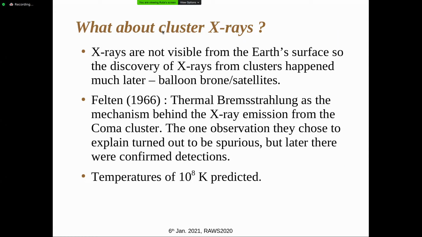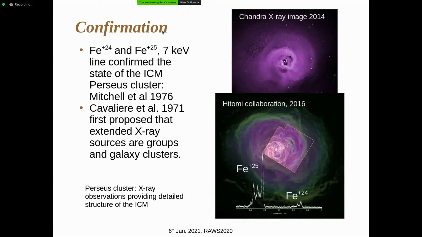Until today, there have been many missions like the Chandra X-ray telescope and the XMM-Newton X-ray observatory. Chandra was launched around 2000 and is still operational. The recent one which showed a very detailed picture of galaxy clusters was the Hitomi mission.